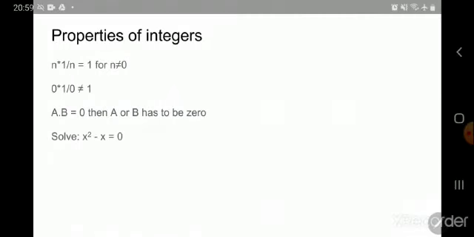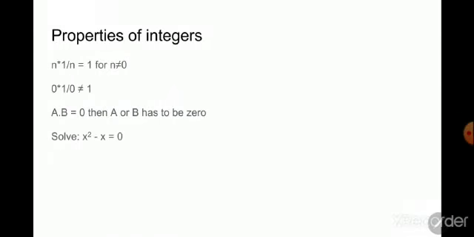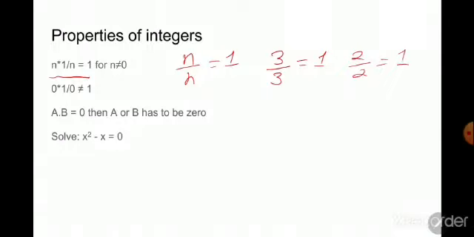Let's move on to the properties of integers now. The first property is that n divided by n is equal to 1, and that's pretty easy to see. If you divide 3 by 3 you get 1, if you divide 2 by 2 you get 1, and so on. Now there's one exception to it: n cannot take the value of 0.